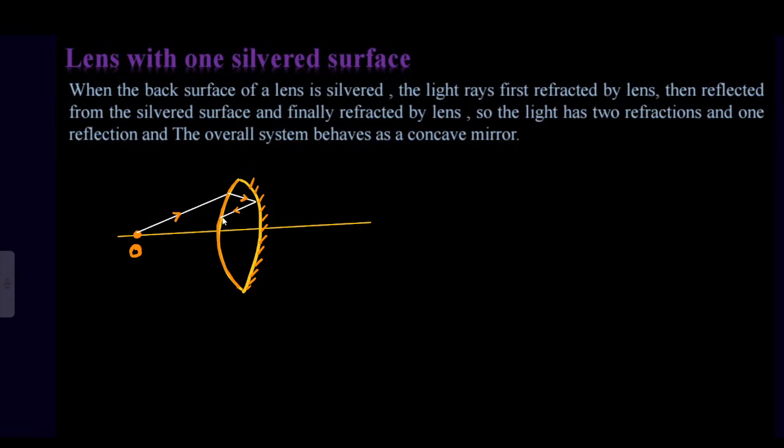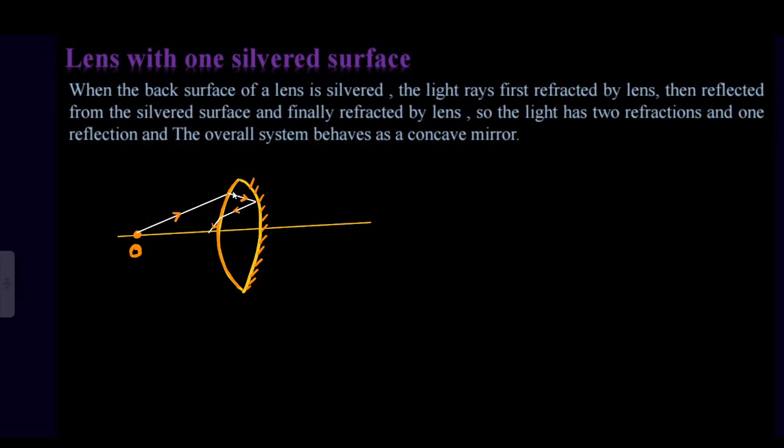Now again when the light ray is incident at the lens surface, it will get refracted now. It changes the path like this. Now this light ray has two refractions and one reflection, isn't it?